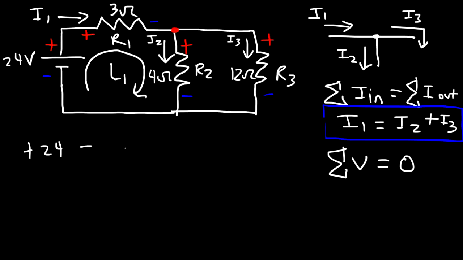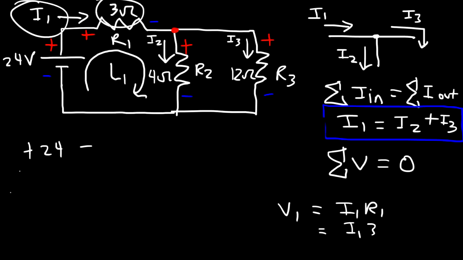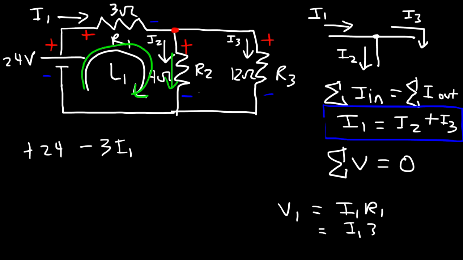So the voltage drop across R1 is V1, and V1 is equal to the current that flows through it times R1. And R1 is 3. So this voltage drop is simply the current times 3 ohms, which we can write as 3I1. Now, as we follow the direction of the loop, we're going through R2 towards a low potential.